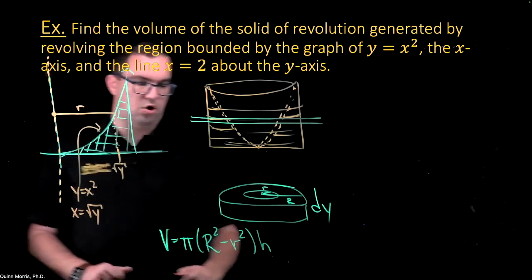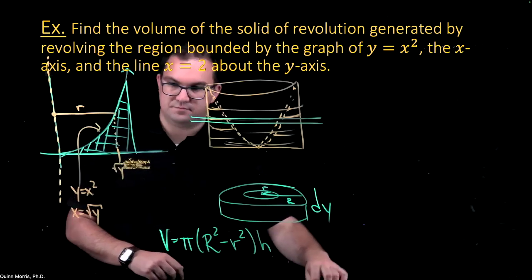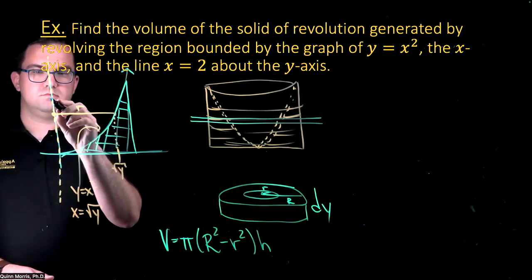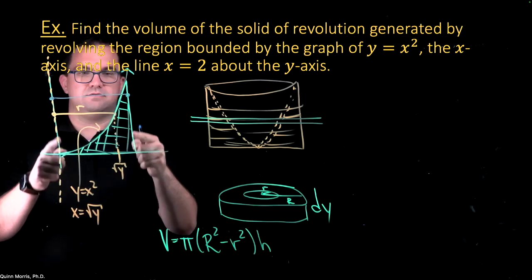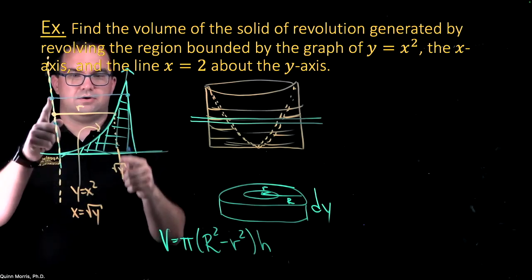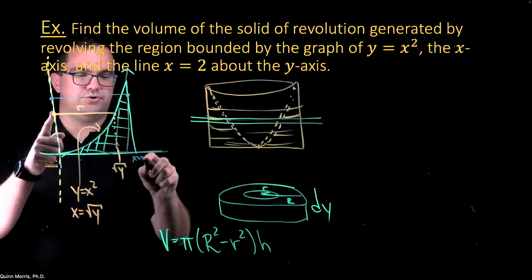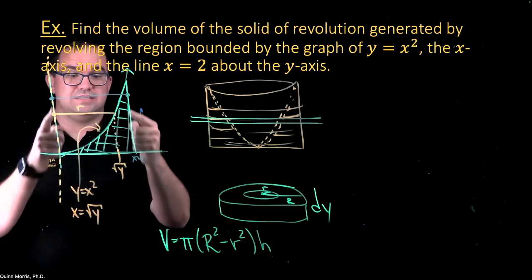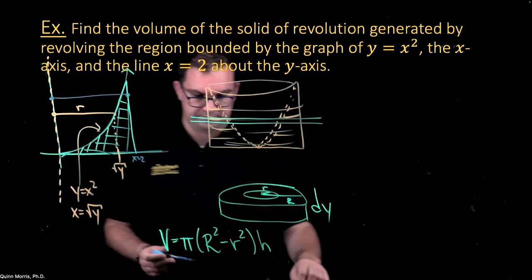So that's going to be my little r. The outside radius is going to be fixed. The outside radius is always the distance from here to here, and this line was the line x is equal to 2. So for any y value, my outside radius actually stays the same. It's always 2.